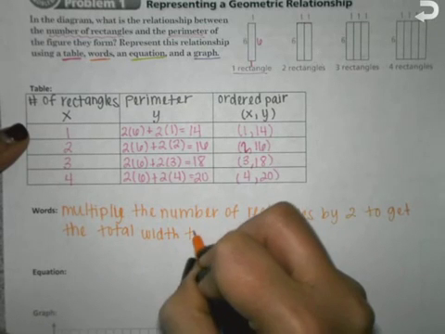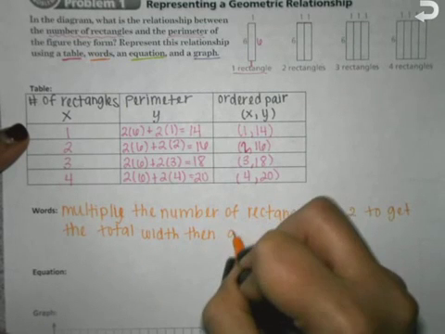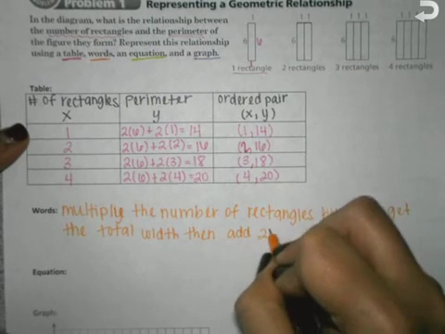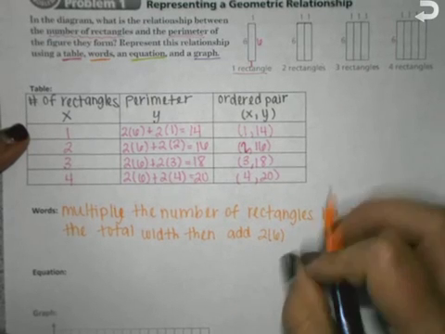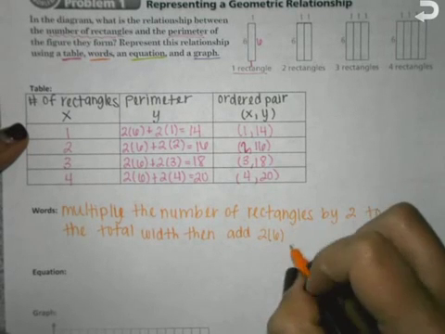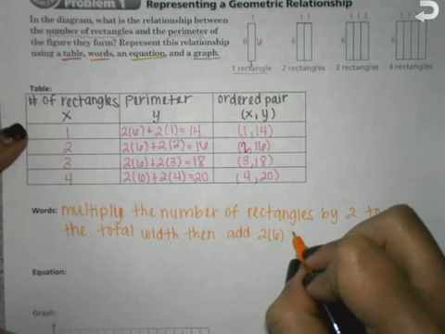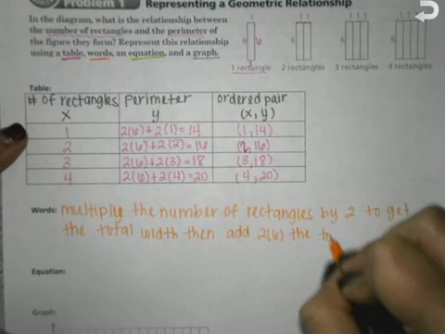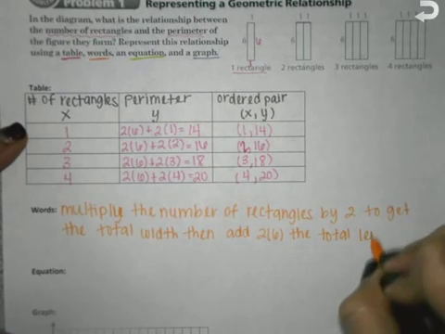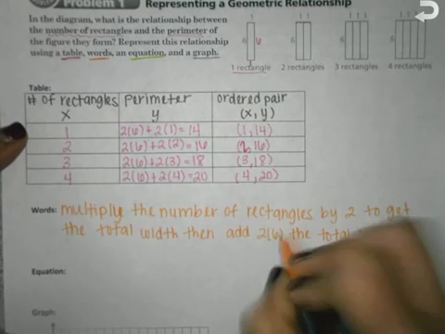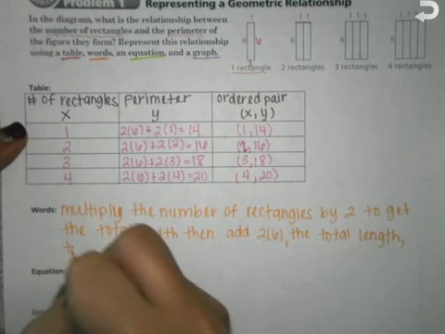And then we added 2 times 6, which was the total length. And that gave us the perimeter.